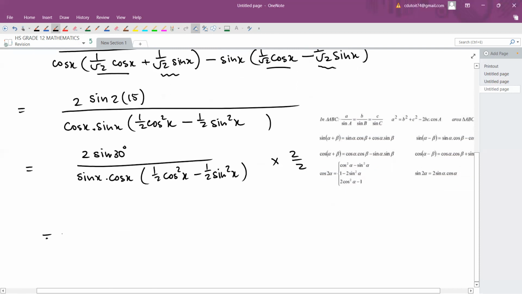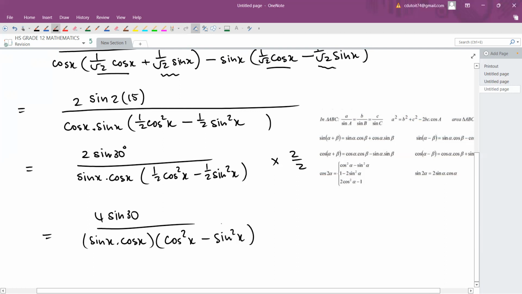So on top, I will have 4 sin 30. And at the bottom, I'm just going to multiply the 2 with each one of those. I'm going to keep the sin x times cos x. And I'm going to multiply that half with half. A half with 2, I get cos square x, then minus sin square x.